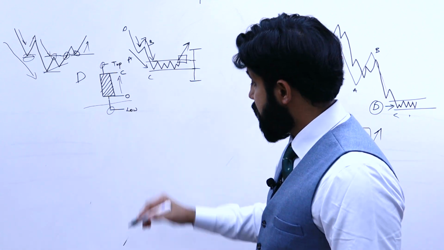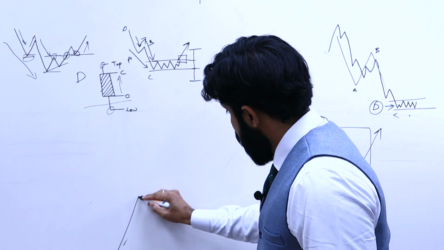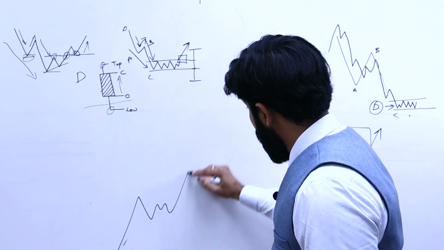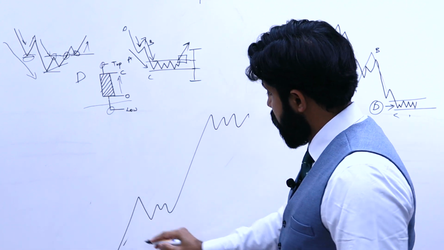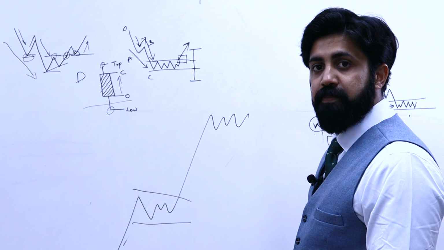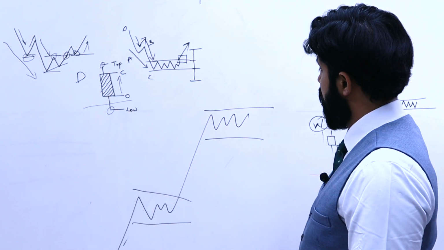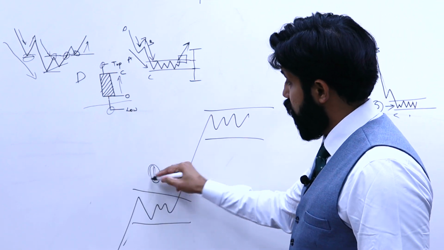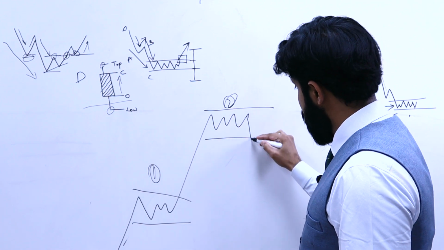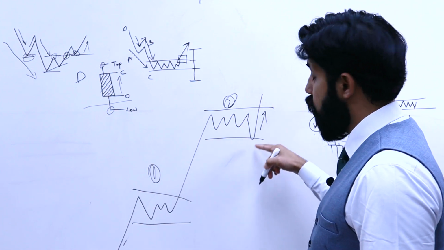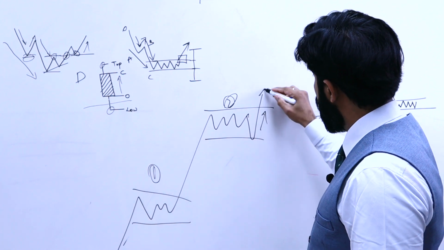Do you see something else? Say on a weekly chart of Bitcoin, you may actually see this fluctuation happening, right? So if you are getting this here and then again this one, what do you expect? This is wave 1, this is wave 2. You may actually get this dip before you go up, but eventually you're going to do this.